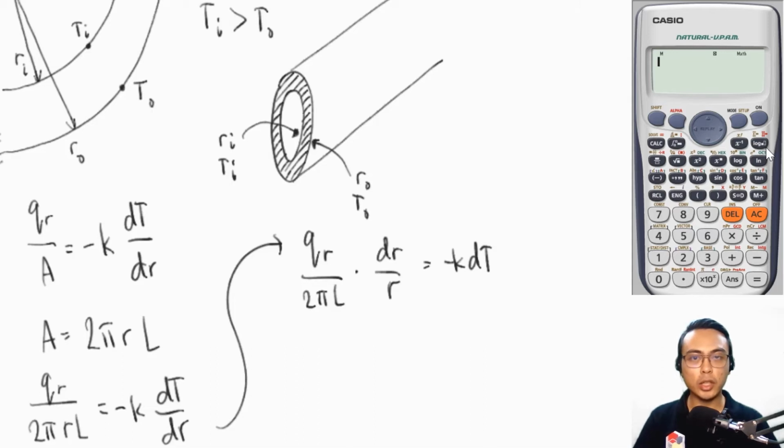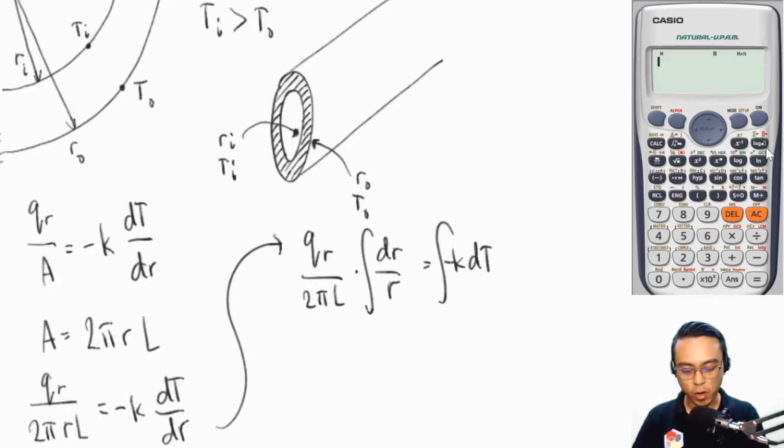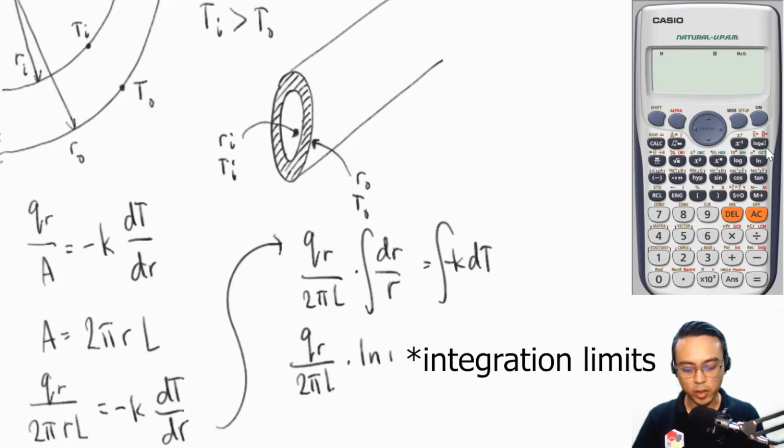Now take note that Q sub r here is constant. We are saying that the rate of transfer of heat through conduction is constant. Okay? Integrating, we have Q sub r over 2 pi L times ln of r, with limits of integration from the inside r sub i to the outside r sub o.